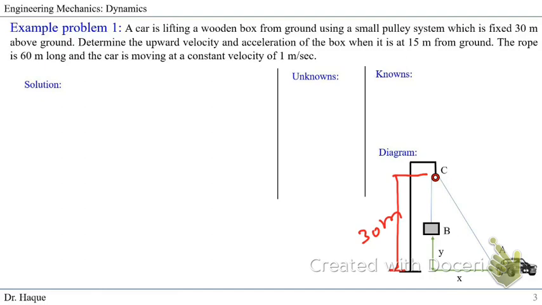Determine the upward velocity and acceleration of the box when it is at 15 meters from the ground. So this distance here from the ground is 15 meters. When it's 15 meters, they want us to find the velocity and acceleration.